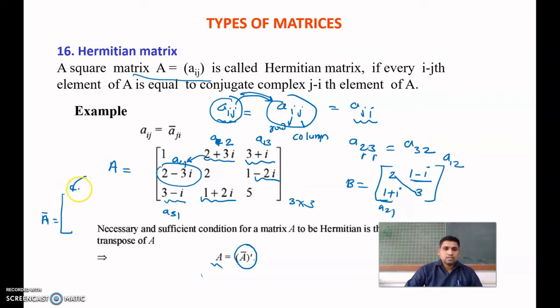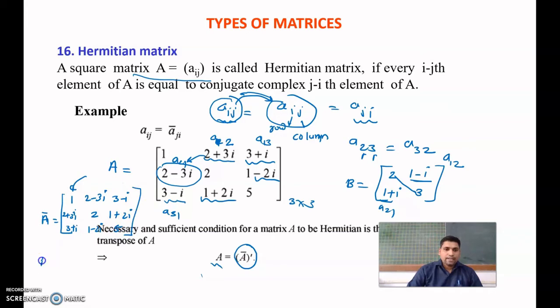So I will get 1, 2 minus 3i, 3 minus i, 2 plus 3i, then 2, 1 plus 2i, 3 plus i, 1 minus 2i, and lastly 5.